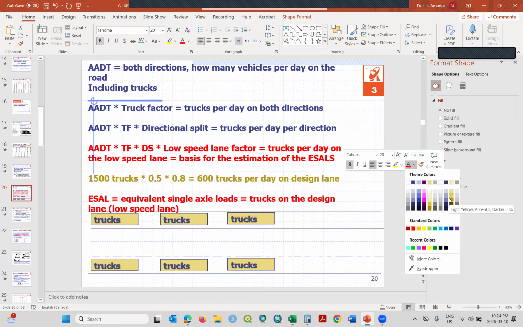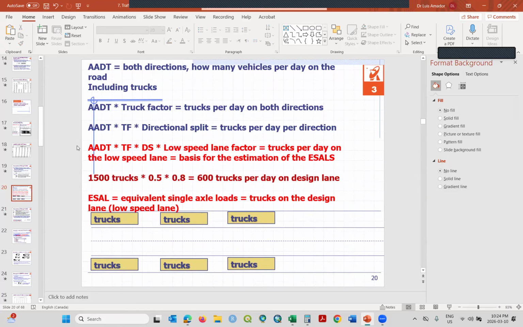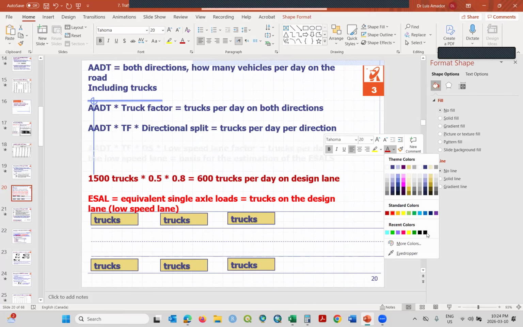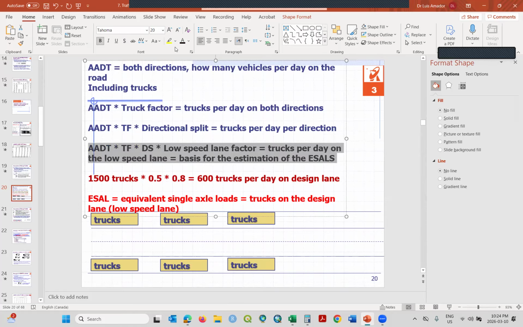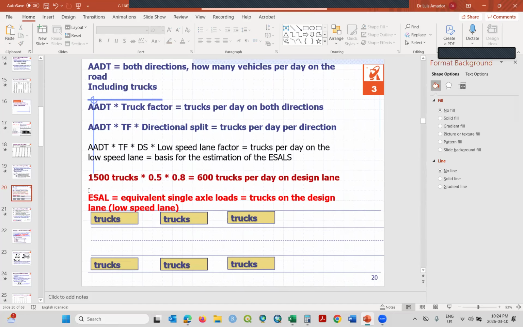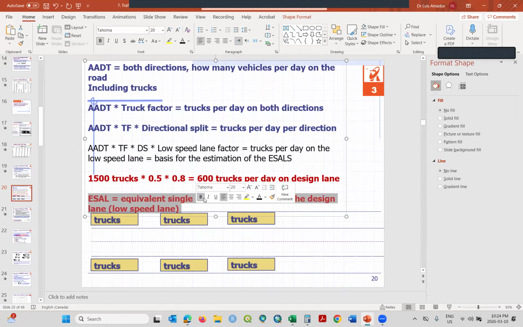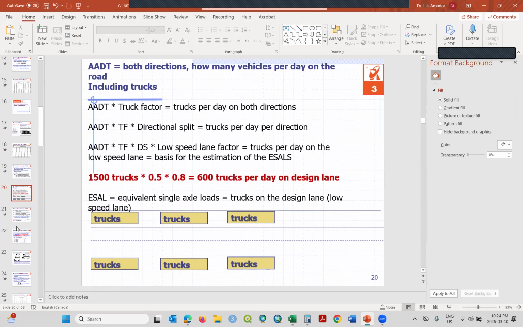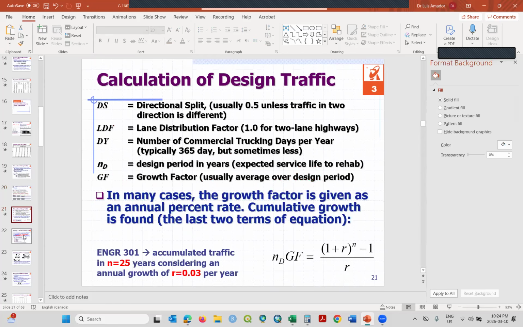Let me just see what color we remember. Okay, let's go for this one. All right, fine.